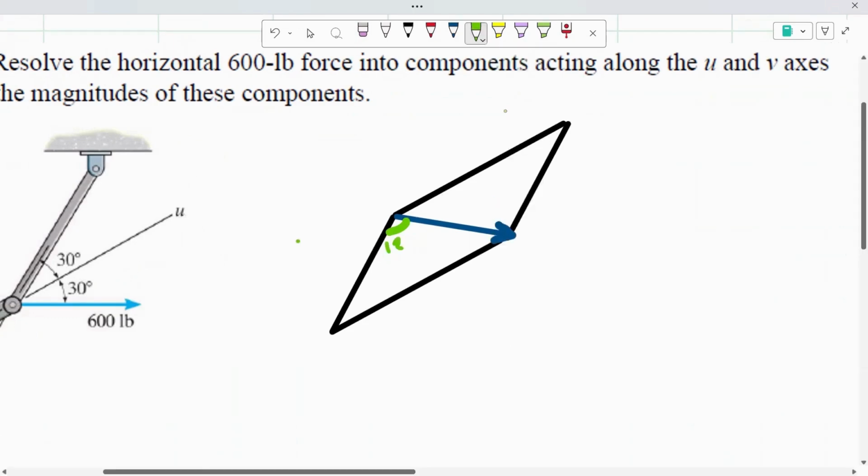And then, since these two triangles are the same, we know that this angle is the same as this angle, so this angle is also 120 degrees. And this angle right here is this angle, so we know that angle is 30 degrees. And we know that the sum of a triangle has to equal 180.